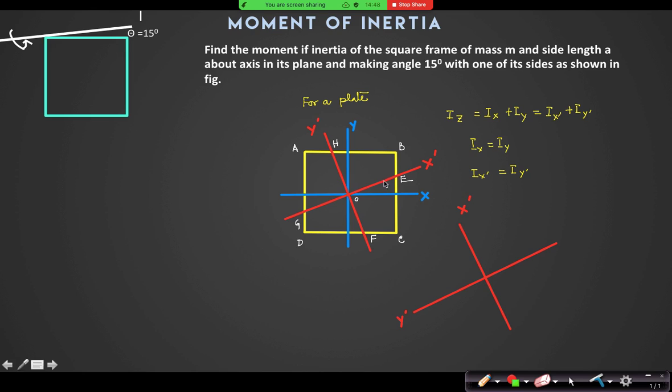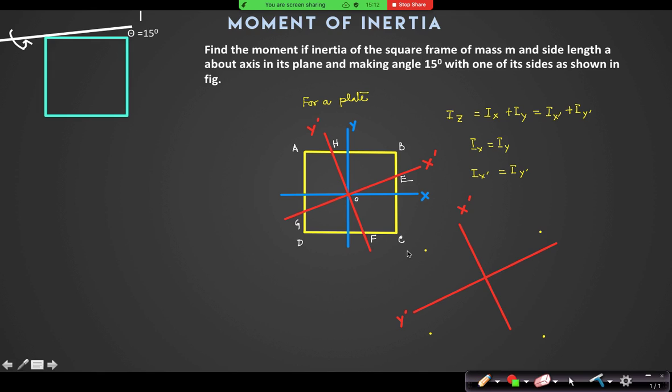So if I rotate it by 90 degrees, then A will come here, B will come here. This point will be B, this point will be A, there will be D, and there will be C, like this.